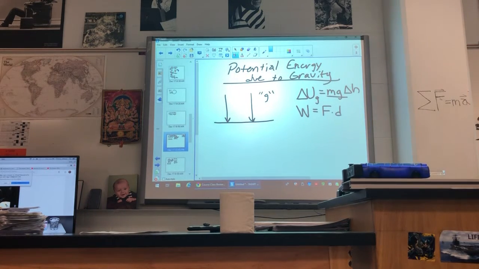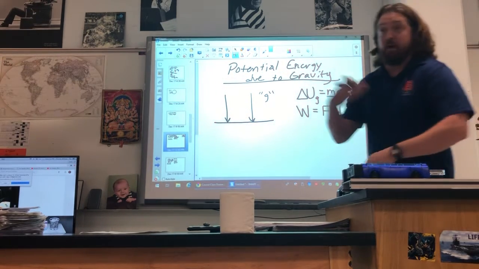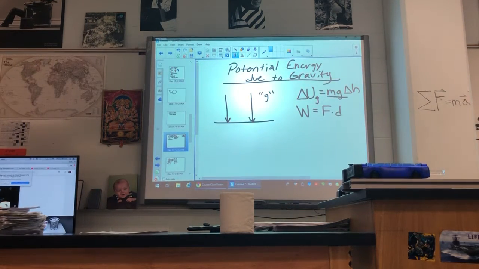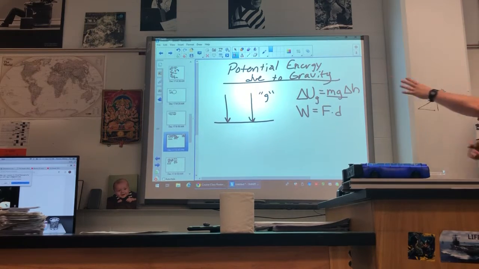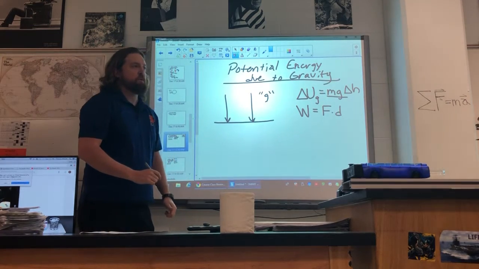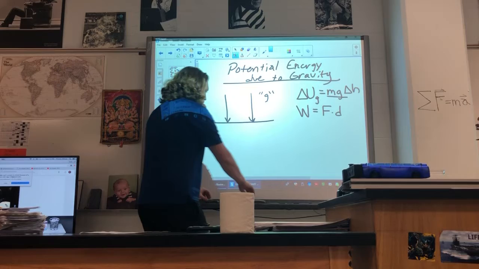Now, there is a point, if you go high enough, where the curvature of the Earth does start to show that your gravitational field lines are actually getting further apart, and thus your gravitational field is weakening. But as long as you're relatively close to the Earth's surface, which is a huge distance from our perspective, you will see a uniform gravitational field. And your g field lines will look like the bars of a prison cell, right? Which is a part of life, so get used to that.